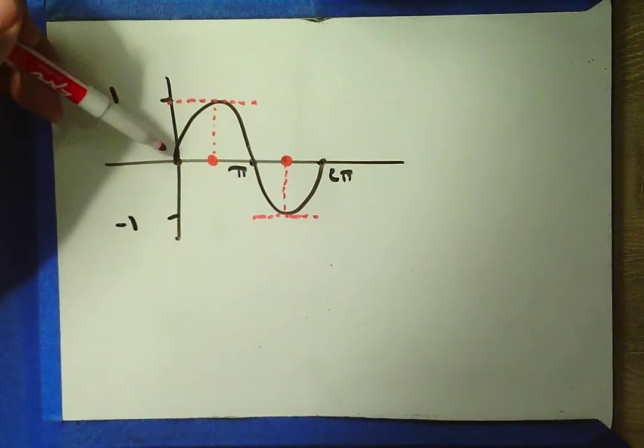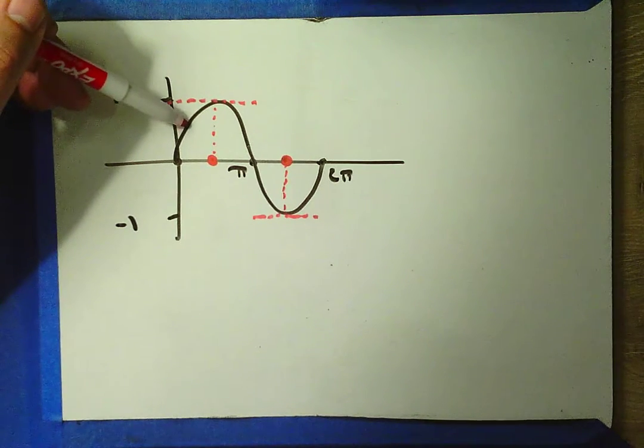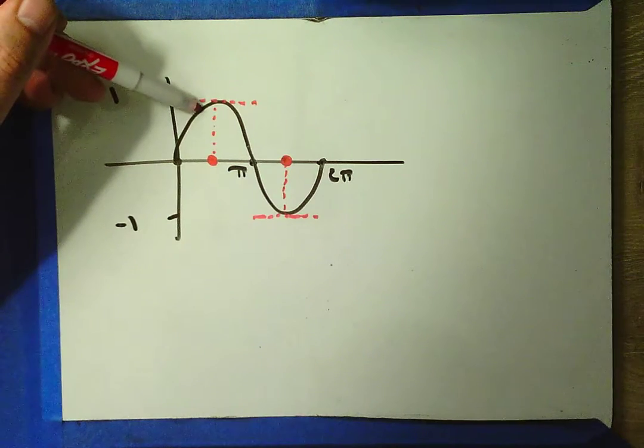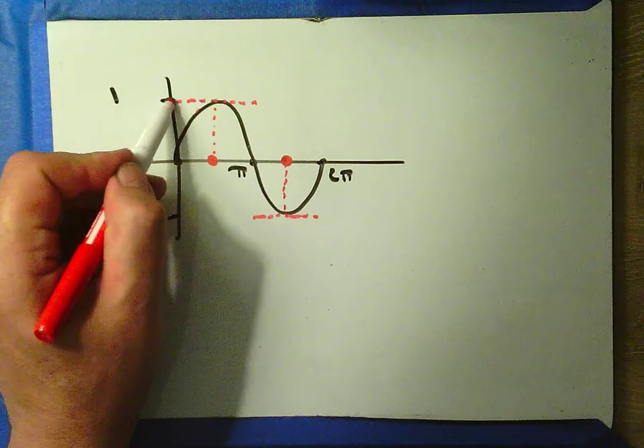Now, I see over here that this is as steep as the slope gets on the sine graph. Still positive slopes, but these positive slopes are getting smaller and smaller and heading towards 0. So they look like this.